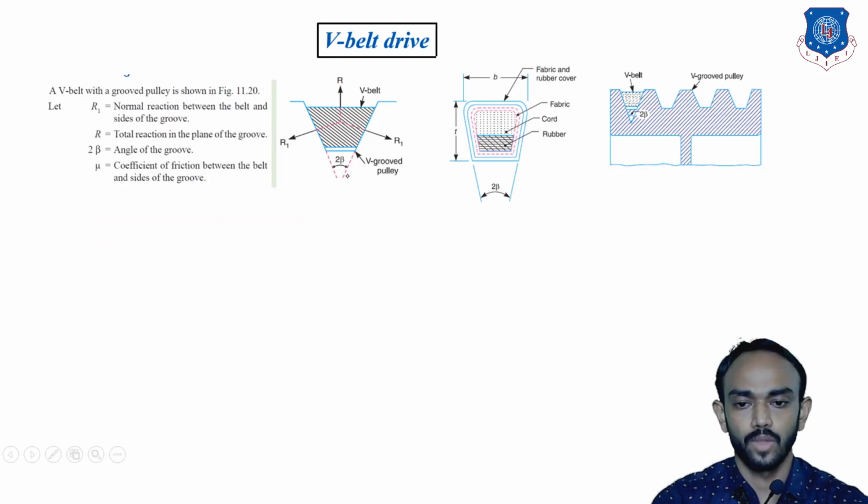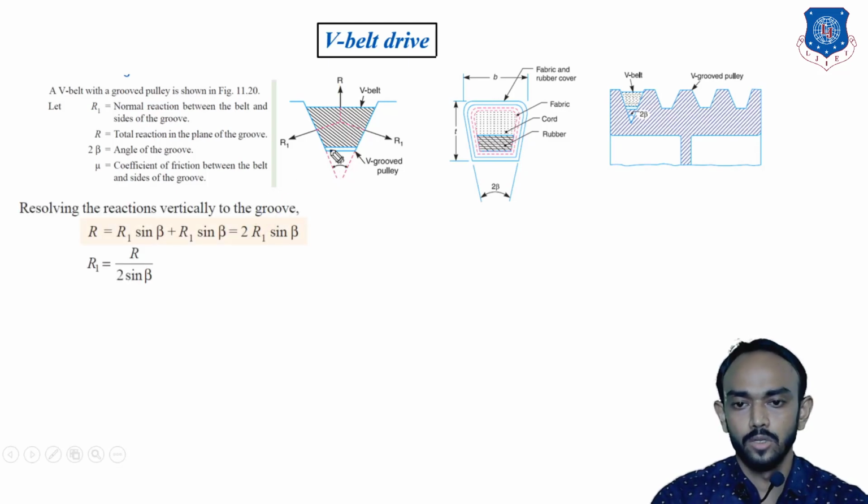Okay, so check this. This vertical reaction is equal to the sine component of R1 plus the sine component of the other R1. You can check the angle here: the total angle is 2 beta.